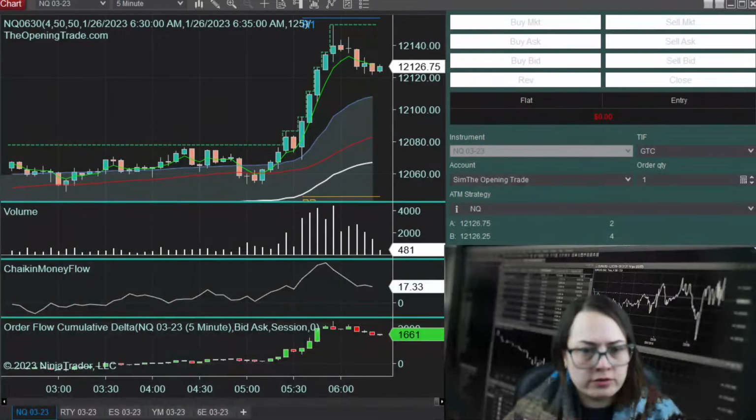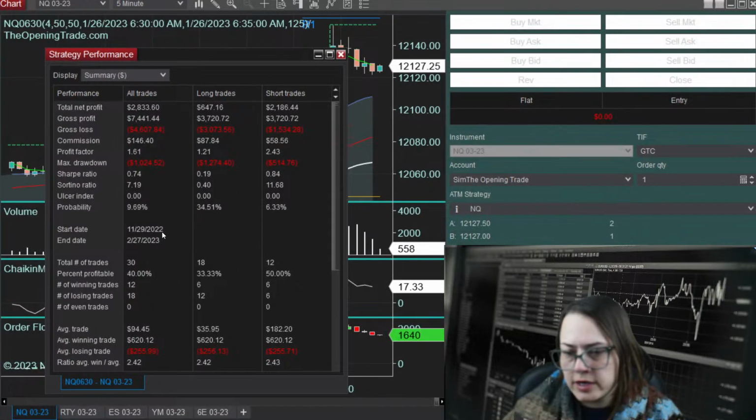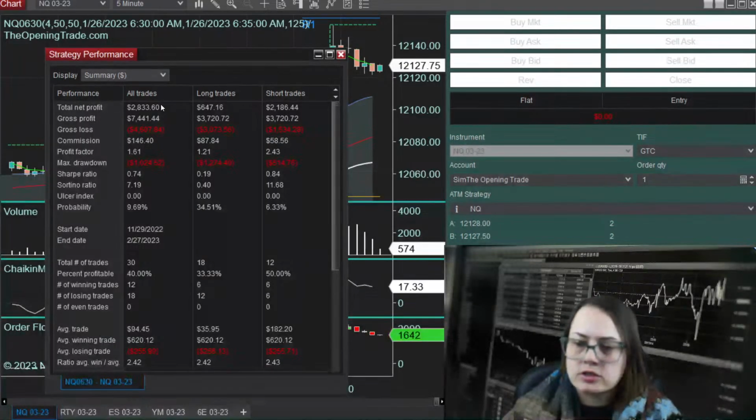All right, so talking about those four automated trades, let's take a look at their 90-day back test results. The first one we're going to look at is for the NASDAQ. Here is our 90-day date range, max drawdown, gross loss, gross profit, and total net profit.